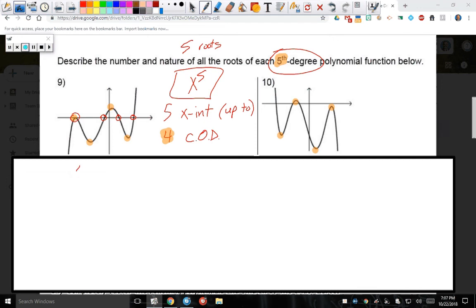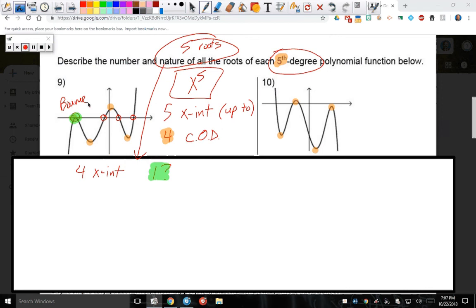So we have 4 x-intercepts, but I'm missing one of them because we're supposed to have 5. The one that I'm missing is actually a double root. Okay? Here is where it exists, and that's where they bounce off the x-axis. Remember, those are those double roots per se.